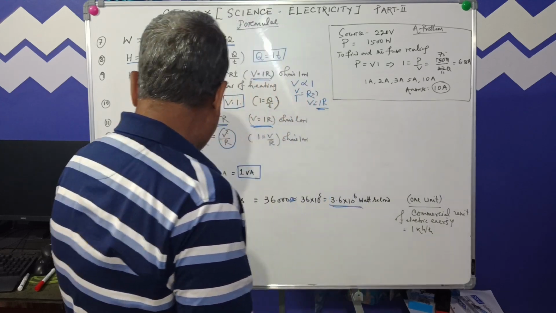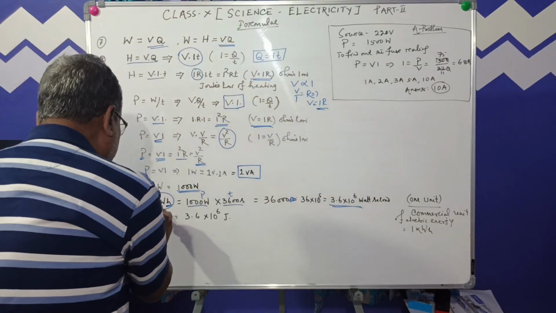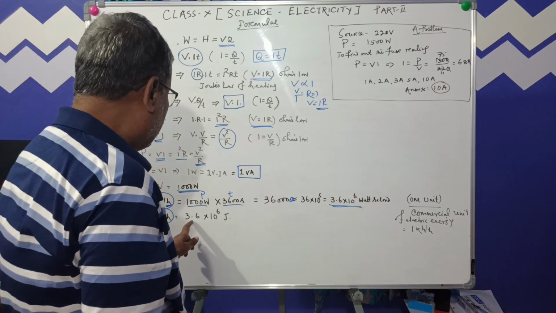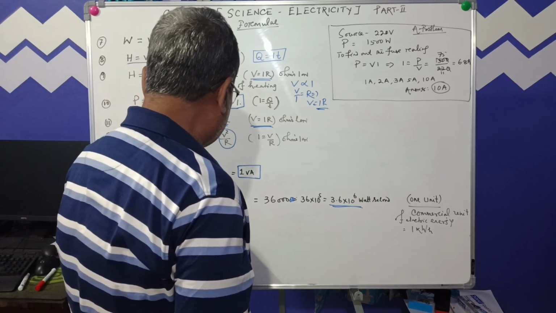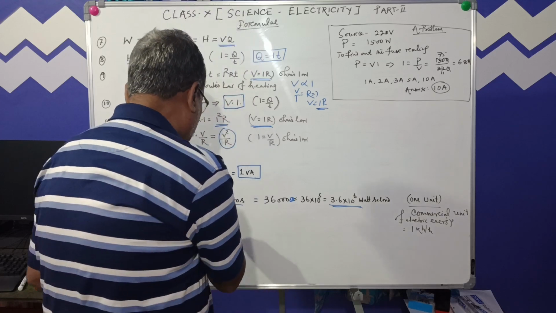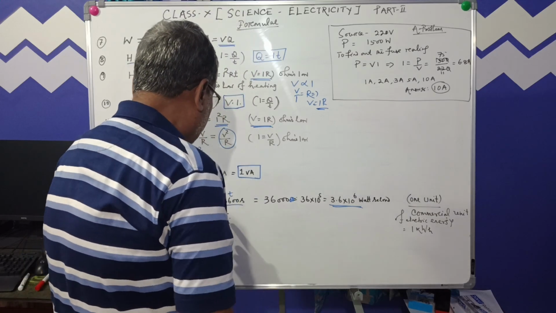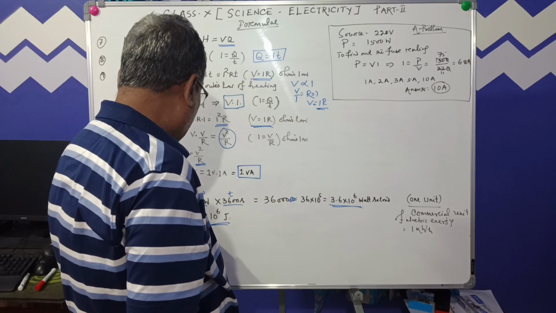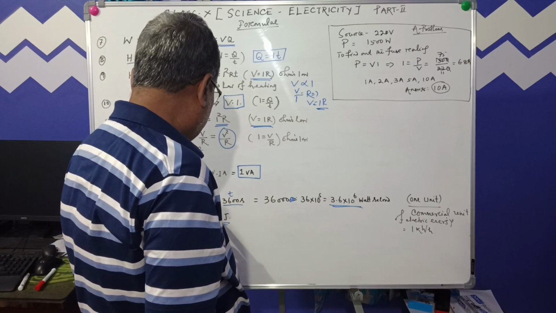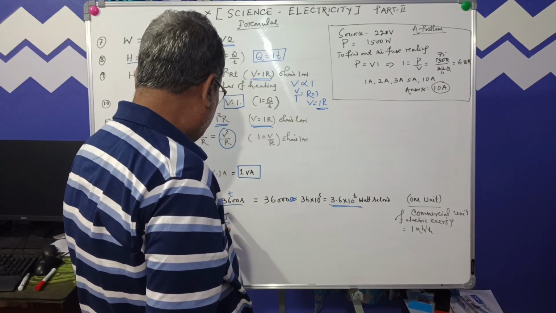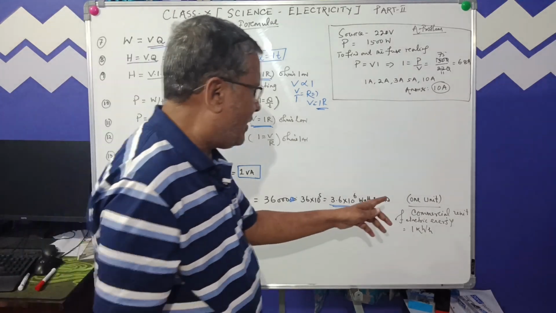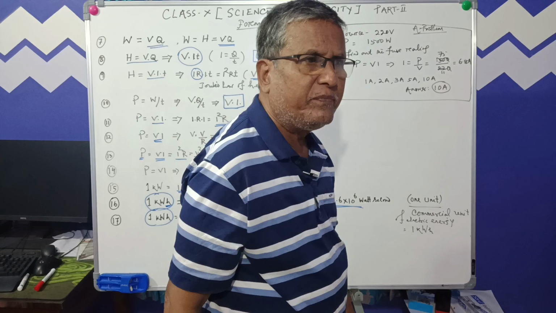And 1 kilowatt hour, that is the amount of energy, is equal to 3.6 into 10 power 6 joule, because the joule is the unit of work. So 3.6 into 10 power 6 joule is called 1 commercial unit.